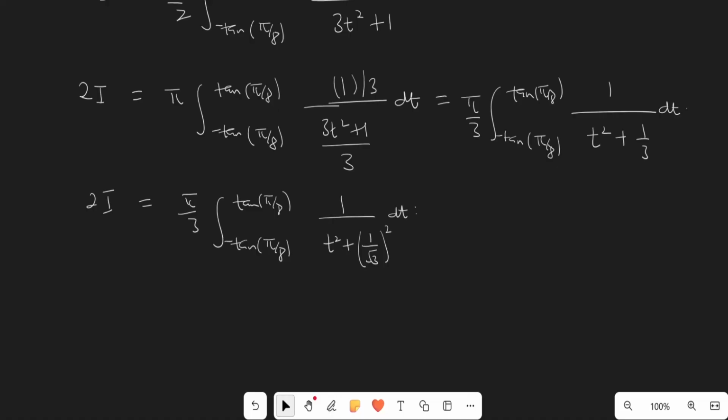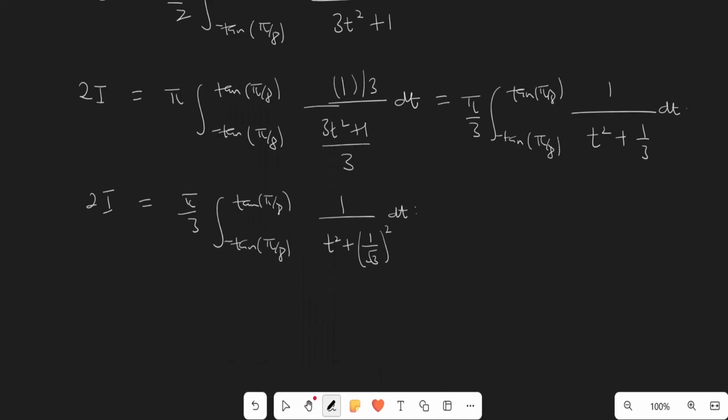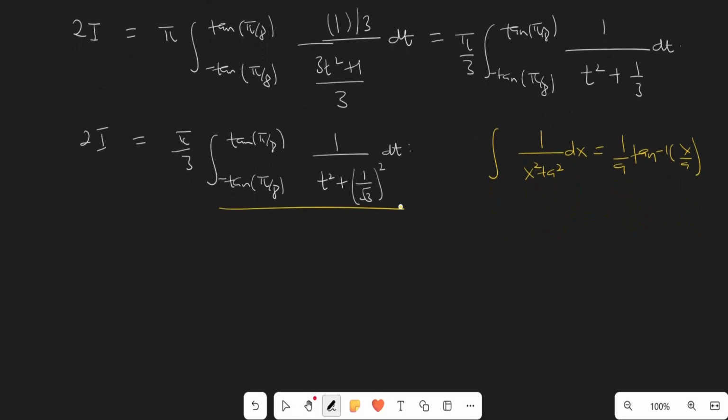And I'm going to compare this to the arctan integral, which is the integral of 1 all over x squared plus a squared dx. This is 1 over a times tan inverse of x over a. So this is like the arctan integral, so I am going to use that to solve this integral.